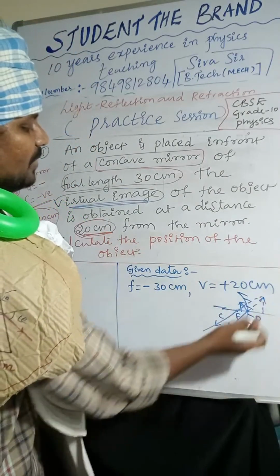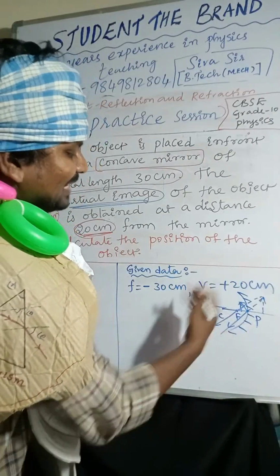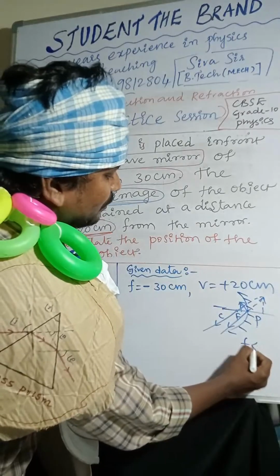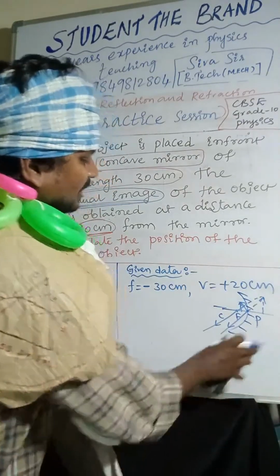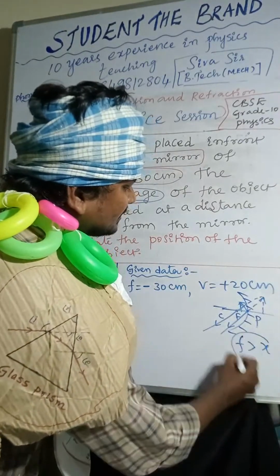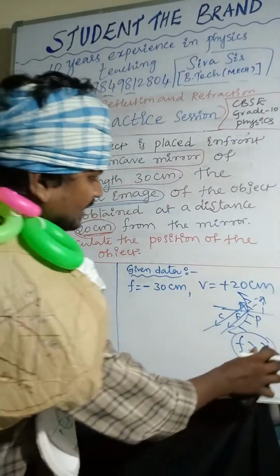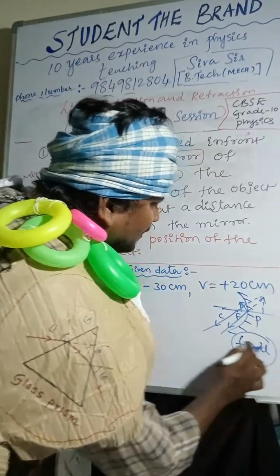In order to get the virtual image, we have to place the object between F and P. F and P in the sense less than focal length. Object distance must be smaller compared to focal length.